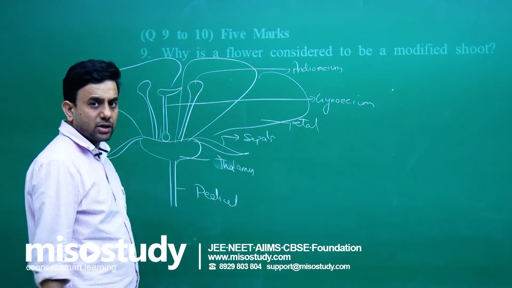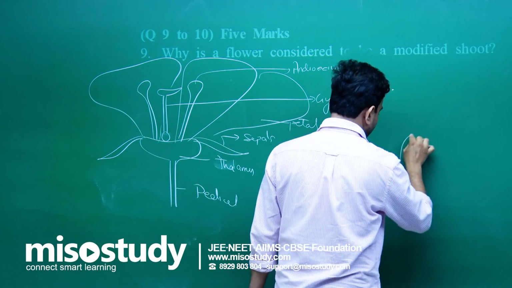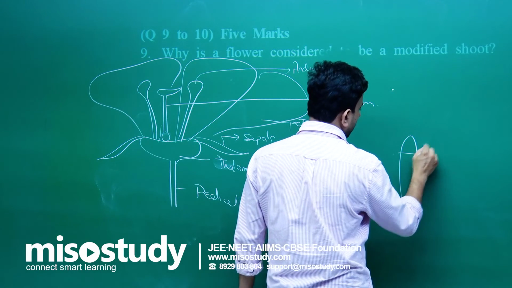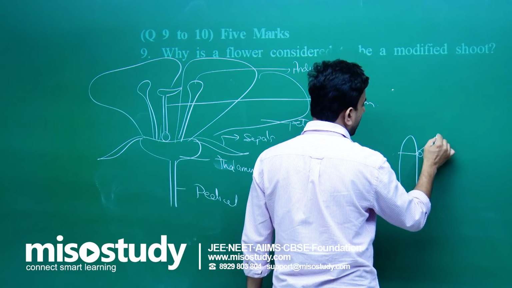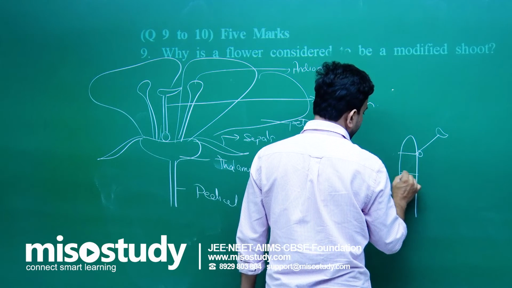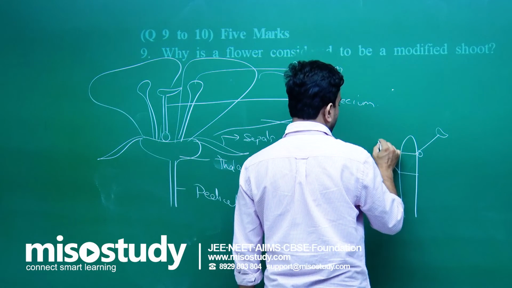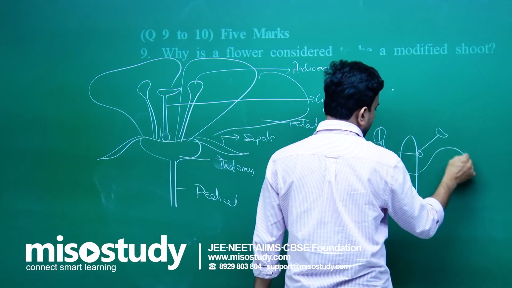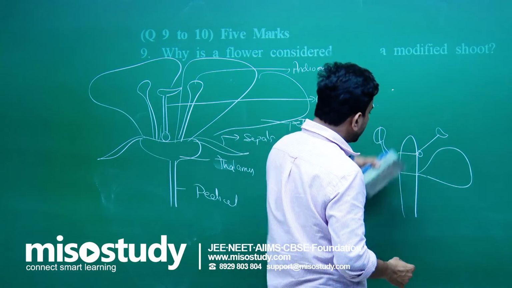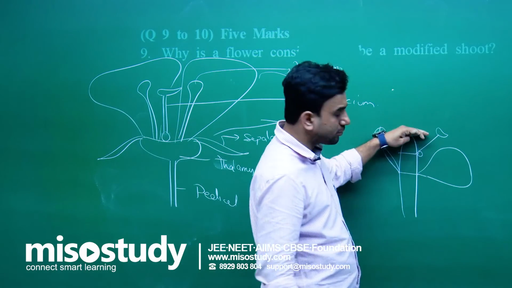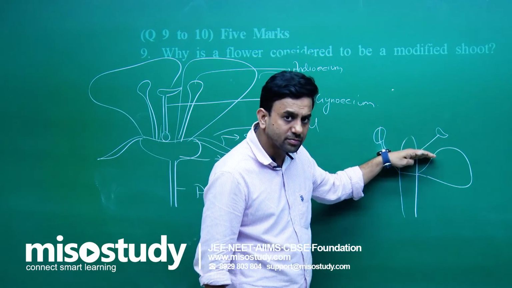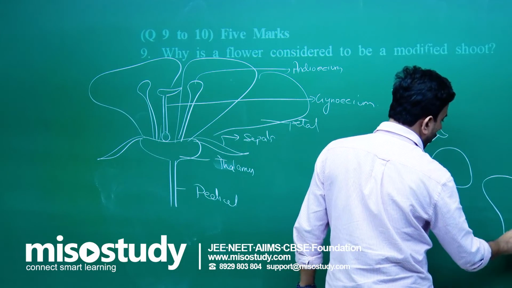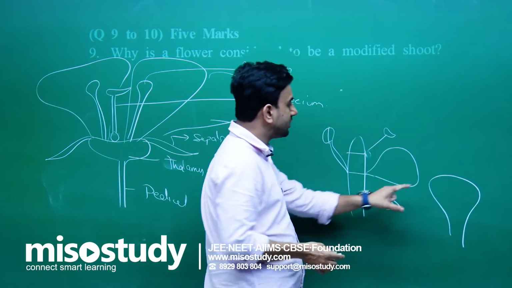Now they consider that if this is, say, the stem, the ovary would have been here and the stigma here, and the next whorls would have been here, the anthers, the petals and all. Now what are they doing? They are compressing this from the top. So this becomes a little broad over here, and all these whorls come at the top.